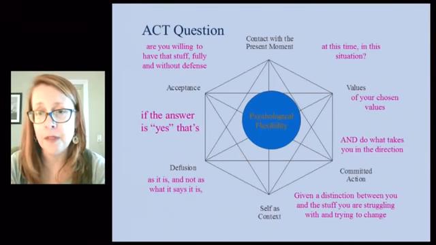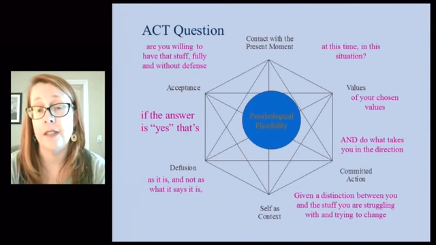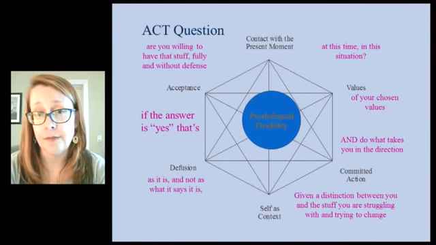Okay? We're going to start down at the self as context component at the bottom of this slide. Given a distinction between you and the stuff you are struggling with and trying to change, now we move to acceptance. Are you willing to have that stuff fully and without defense? Now to diffusion.